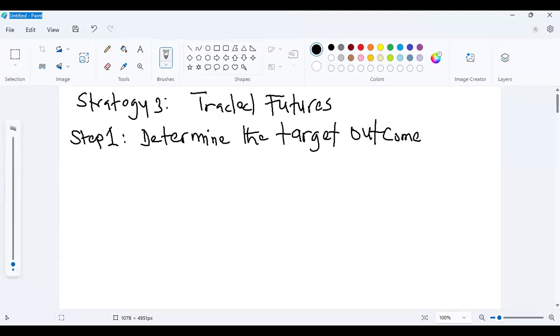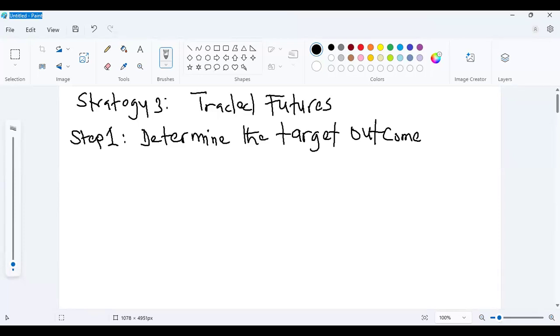Now, what is the target outcome? You now ask yourself, assuming we receive the money today, we know that the money is coming in 6 months. Our company is based in US, we are expecting inflows in 6 months' time. You are now going to assume that the company received the money today.